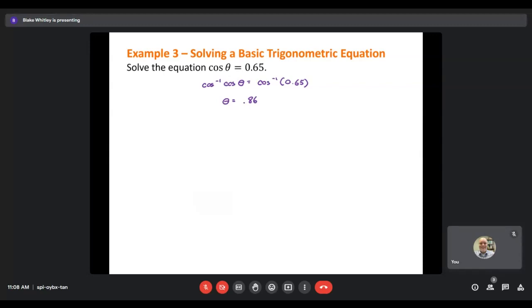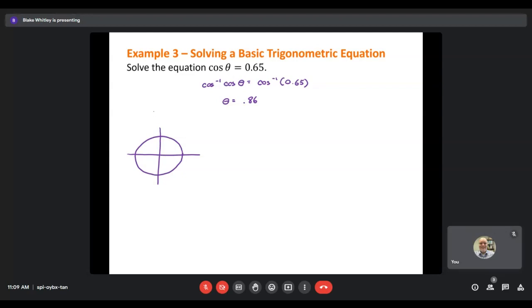Now, if you recall on the last one, we had 2 different values that would work there. And so the same thing is going to be true here, but our calculator is only going to give us one of those values. So it's up to us to find the other one that's going to work. So the way I'm going to do that, think about my unit circle. And I need to figure out where 0.86 is located.